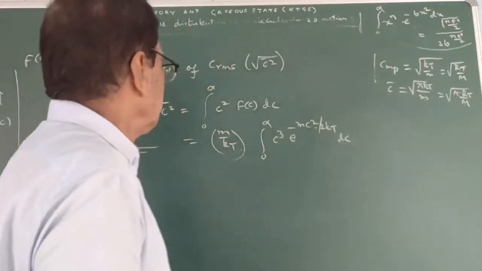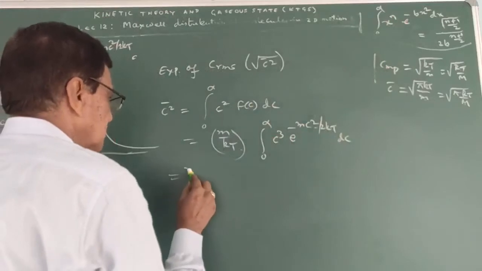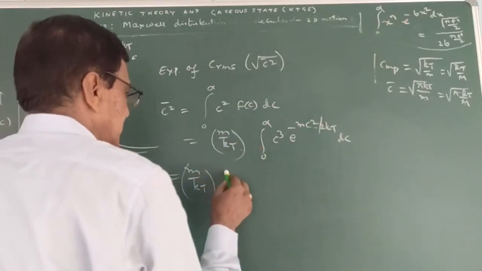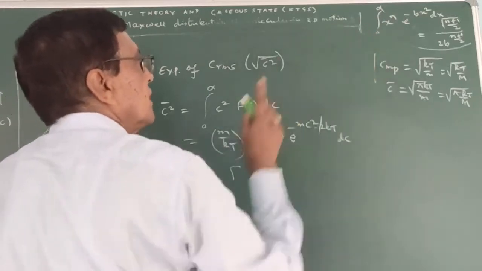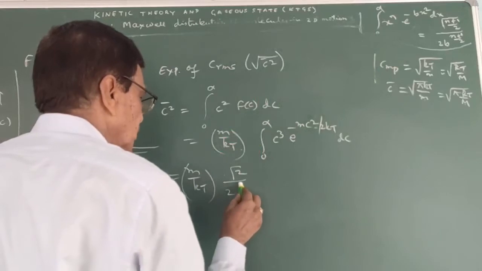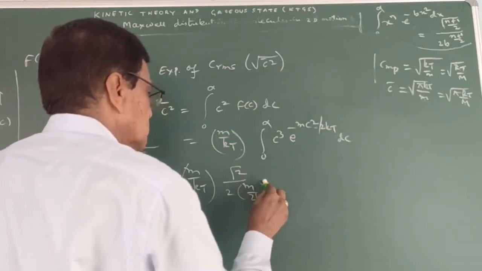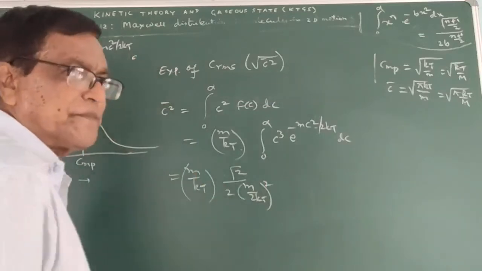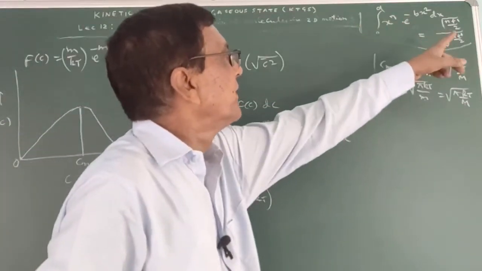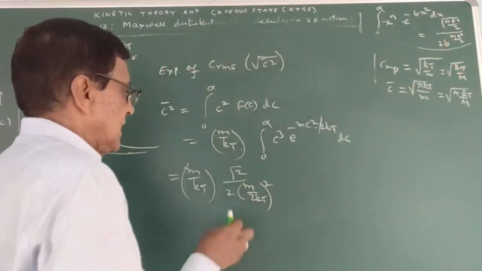And here n equals 3, so this is equal to m by kT times gamma of (3+1)/2, that is 2, divided by 2 times (m by 2kT) squared.